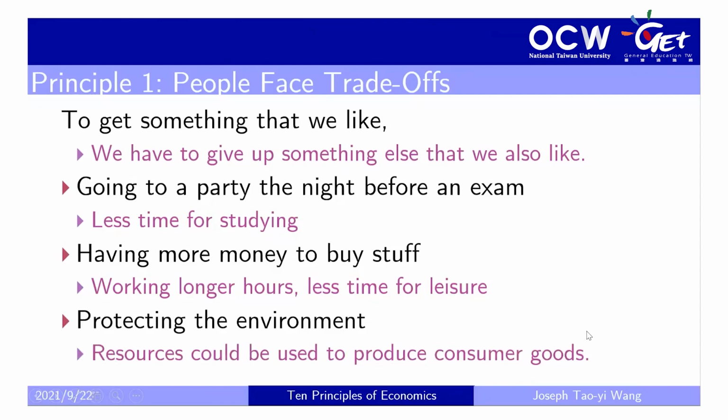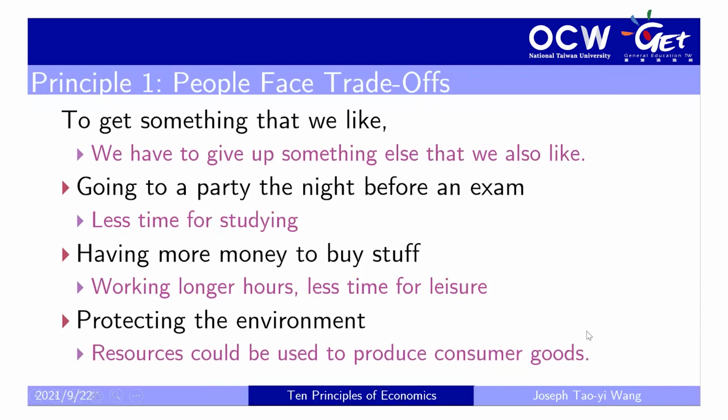Actually, in Taiwan, we were recently having a referendum. It was planned for the summer, but is now postponed because of the pandemic. It's about trying to protect the coral reefs. But if you want to do that, there is a trade-off. That means Taiwan would have less electricity that could be used.